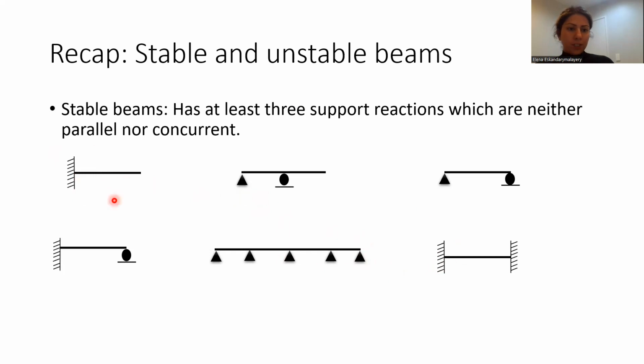If you compare this cantilever with this one fixed at both ends and you apply a point load at the middle of these two beams, the deflection at the middle of this cantilever is much higher than the deflection in the middle of this beam with two fixed ends.